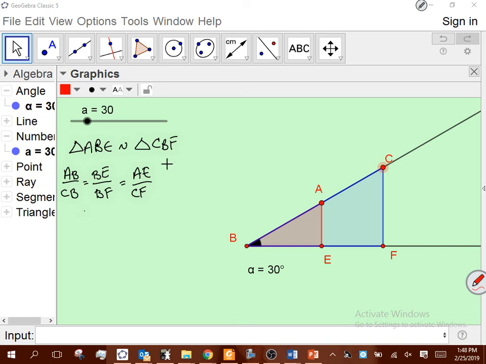Each one of those is a ratio: a red value, a distance that came from the red triangle, divided by a distance that came from the blue triangle, right? And each one of those ratios ended up becoming the same every single time. AB divided by CB ended up being the same thing as BE divided by BF once they reduced.